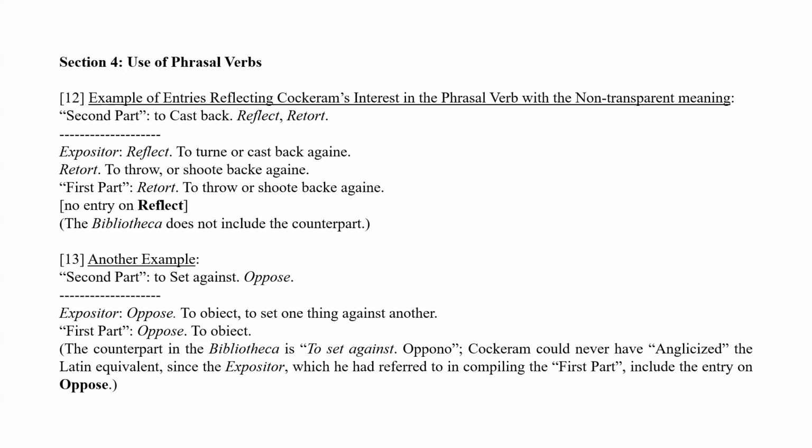With regard to this type of phrasal verb, the set of entries indicated on the slide with reference number 12 will serve as one example to prove Cockeram's interest in them.